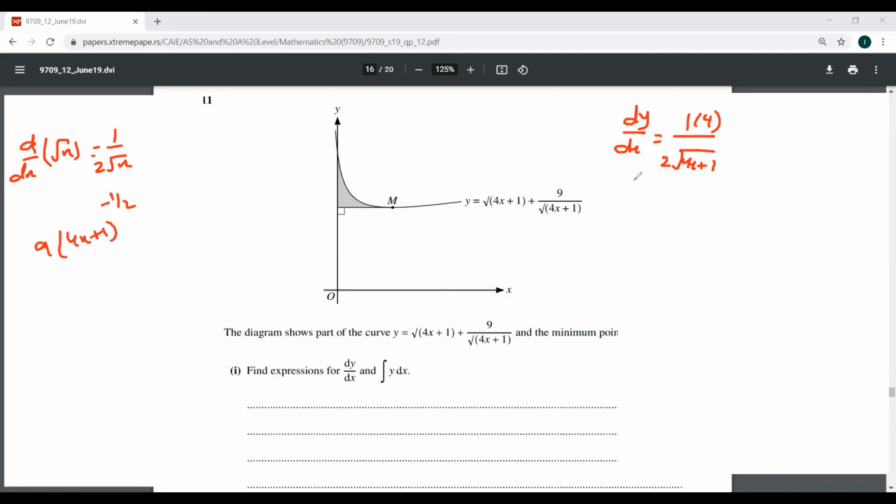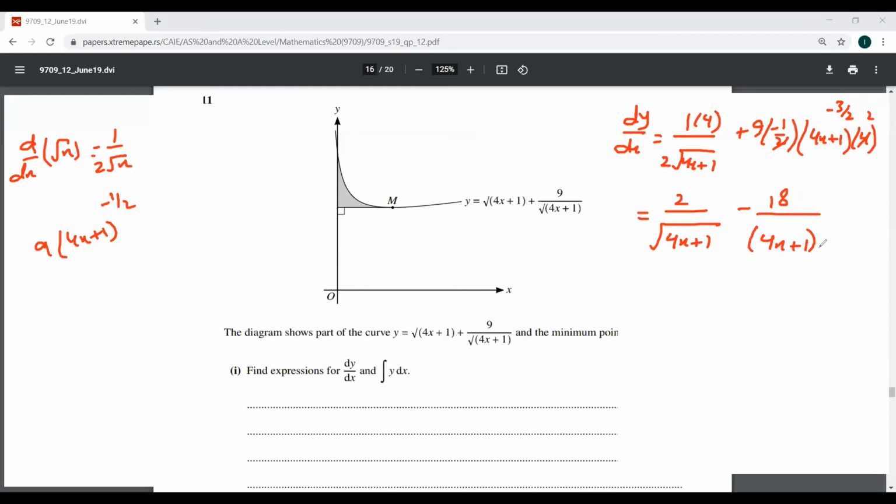This is minus half. So this would be plus 9 into minus half into 4x plus 1 raised to power minus 3 by 2, right? And times 4, the derivative of 4x plus 1. So guys, we have 2 over the square root of 4x plus 1, and this 2 times 2 is 4, minus 18 over 4x plus 1 raised to power 3 by 2.